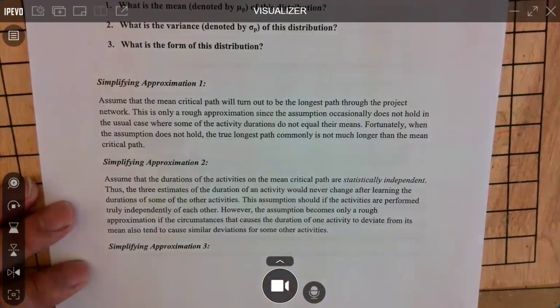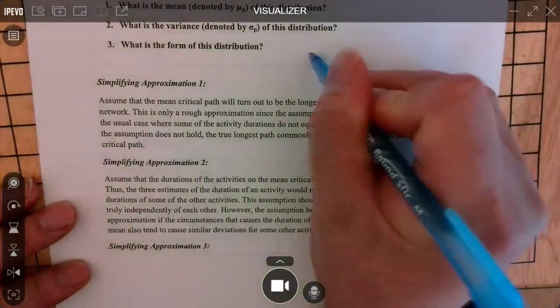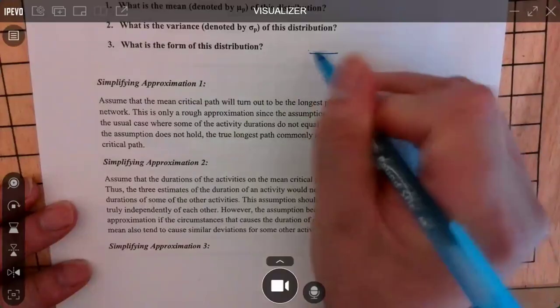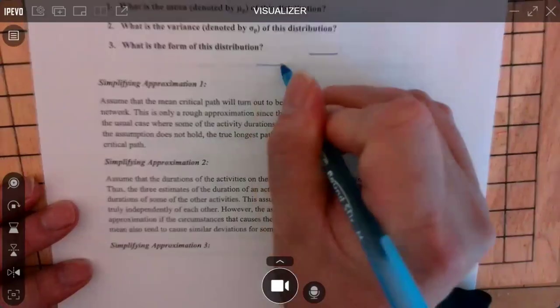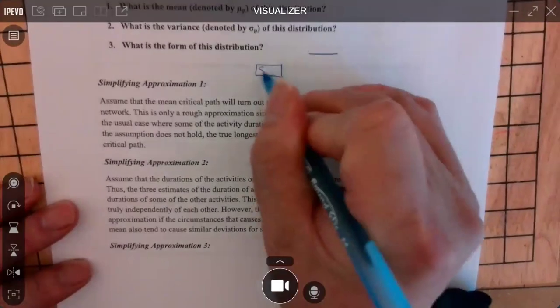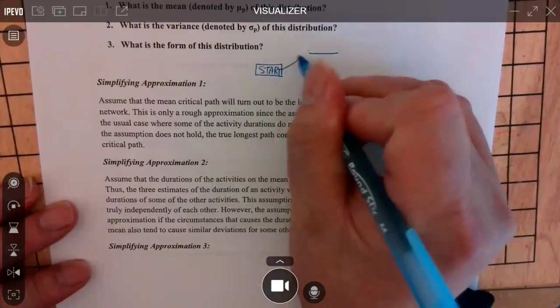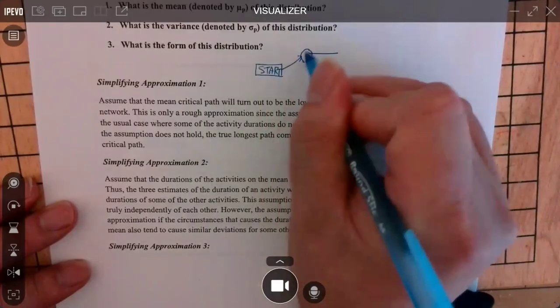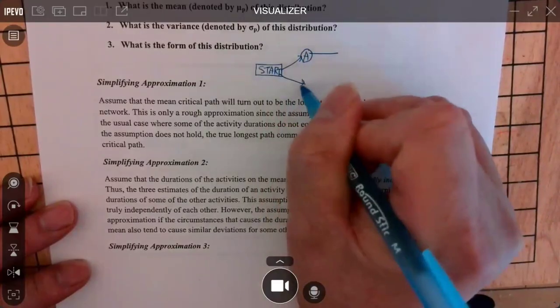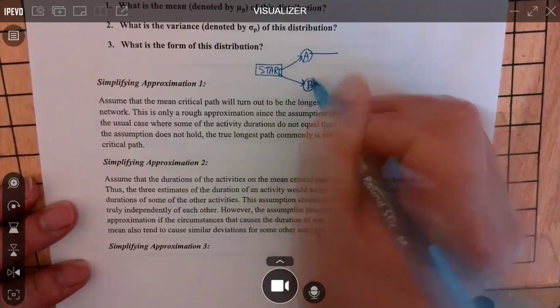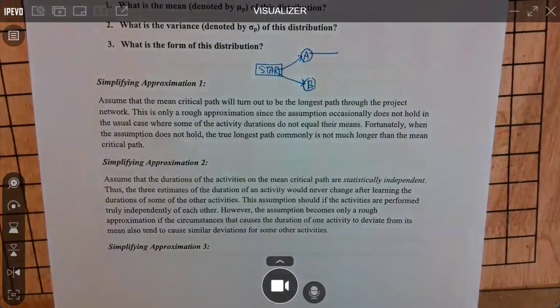Okay? Say, let's use this one as what? As an example. Okay? Say this is my start. This is a AON project network. To A, this is to B. This is example 1 we explained last time. Okay?